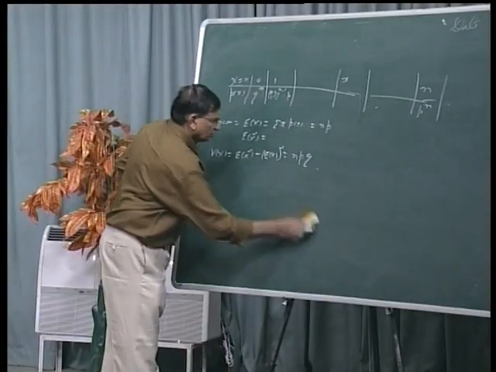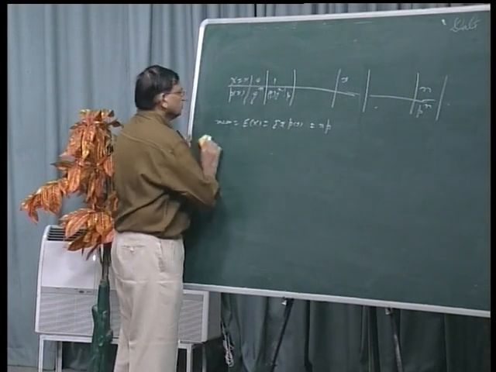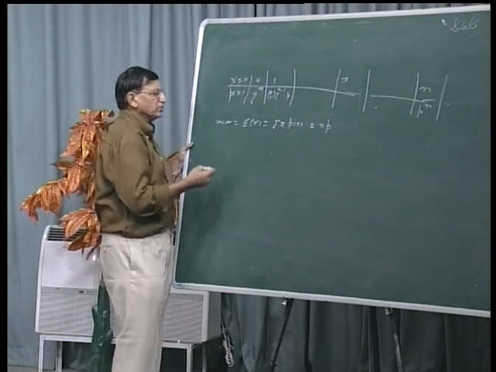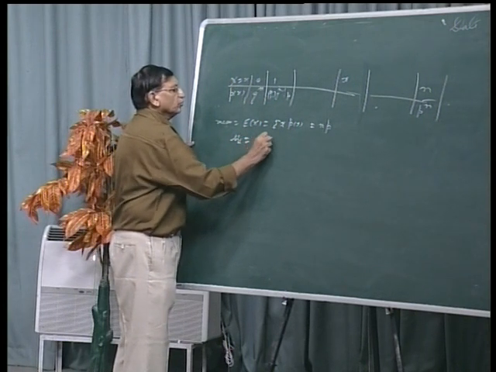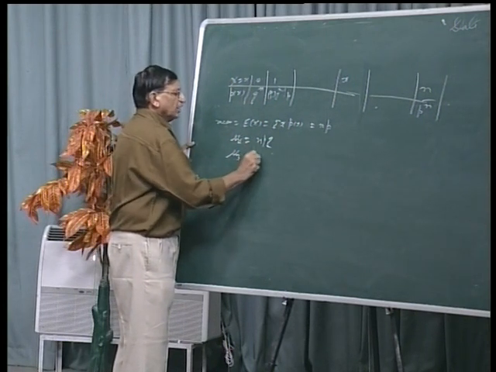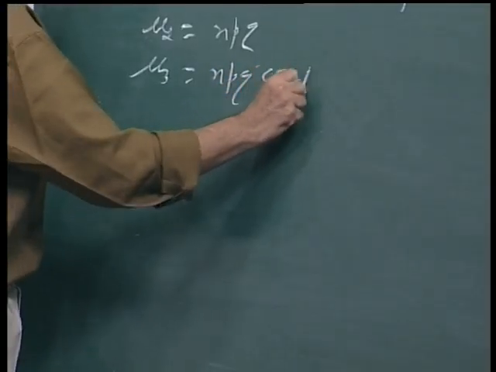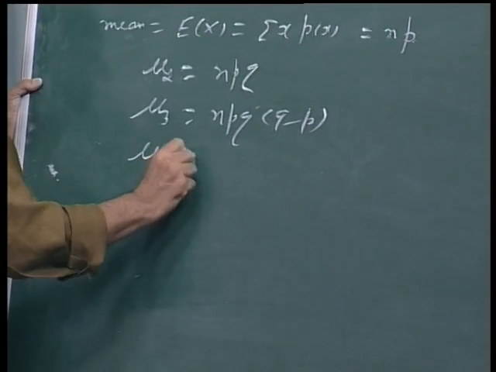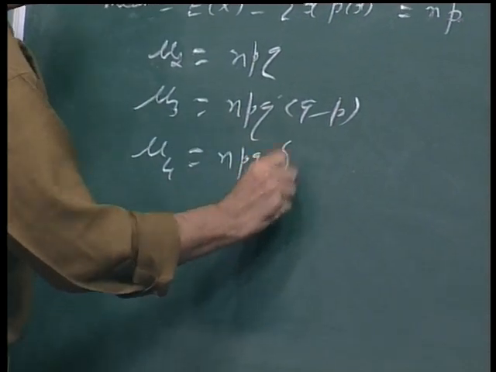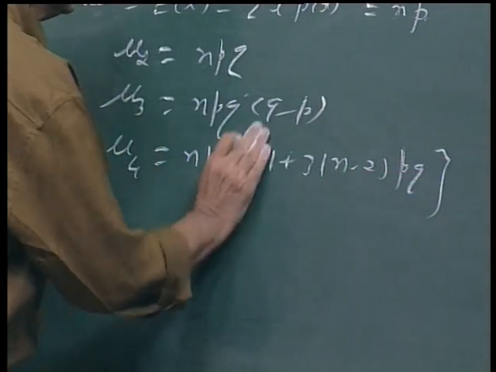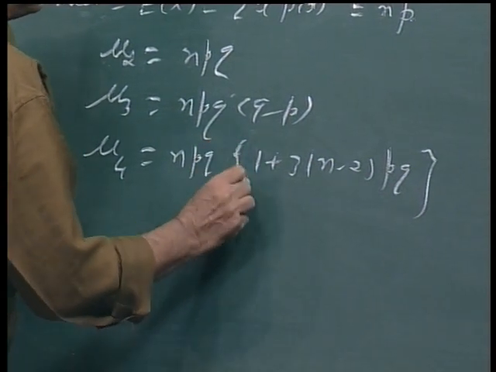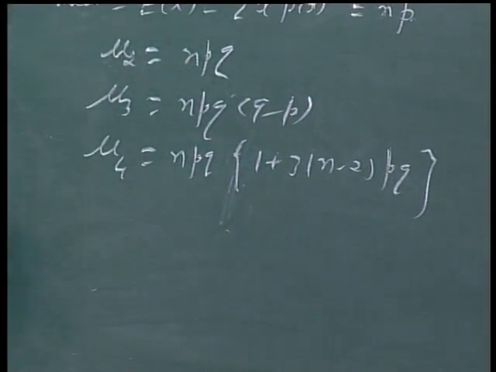Then from the raw moments, we can find central moments. Say variance mu2 is npq, mu3 is npq into (q minus p), that you can easily find. Mu4 is equal to npq into [1 plus 3 into (n minus 2) into pq], and so on. Generally we find the first 4 moments only for any distribution.